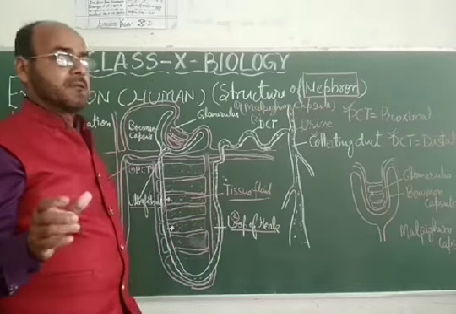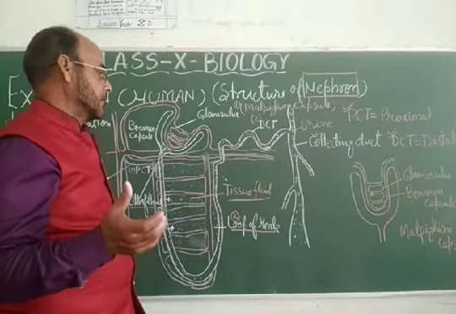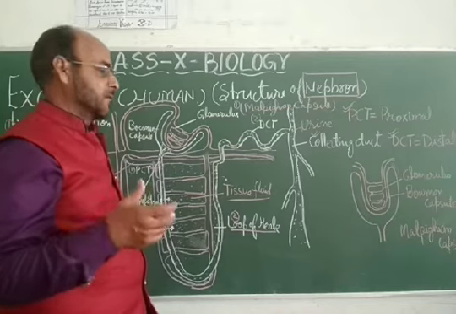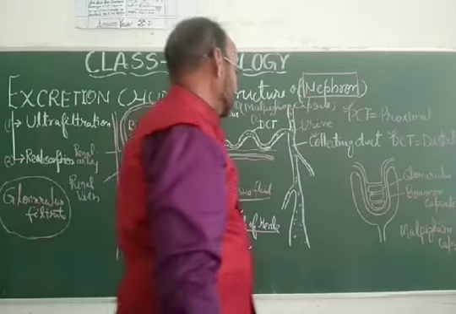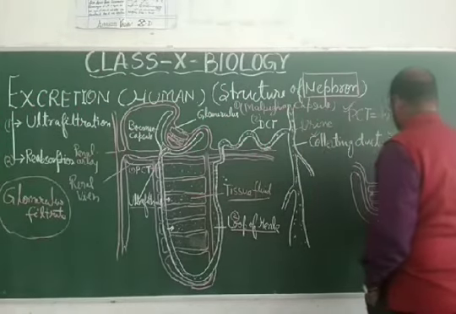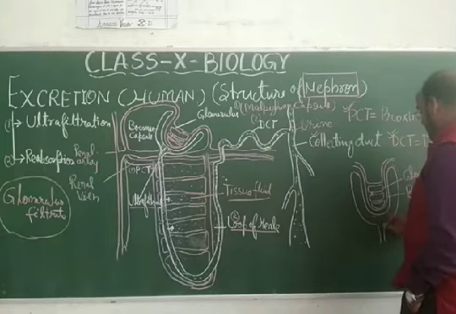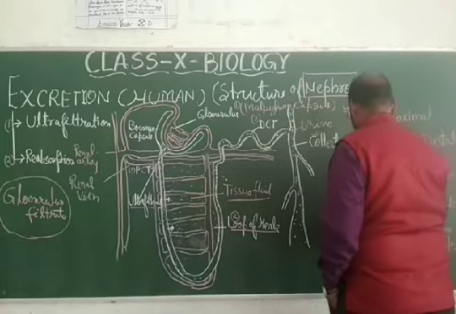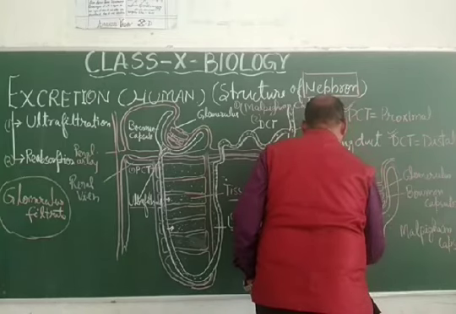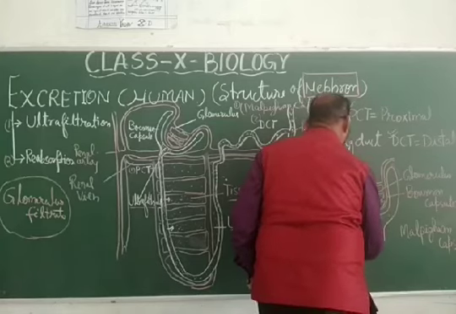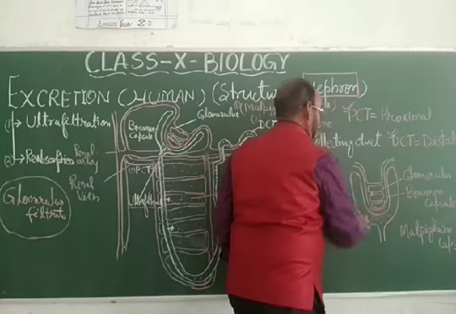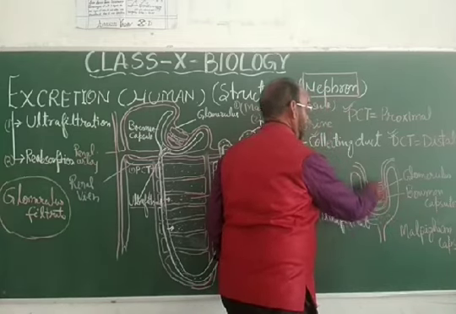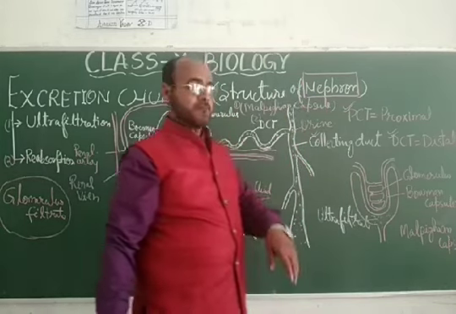There is no role of the renal vein in the Malpighian capsule, because the process of ultrafiltration takes place in it, and the material which gets filtered into the Bowman capsule as a result of the high osmotic pressure is called ultrafiltrate, or glomerulus filtrate. It is the filtrate from the glomerulus, that is why it is called glomerulus filtrate.